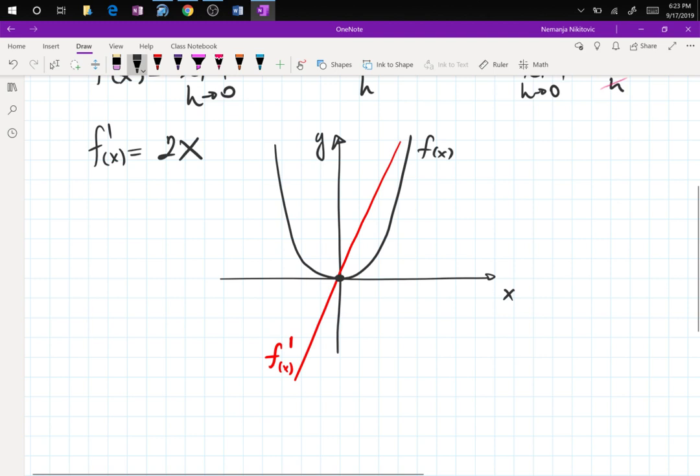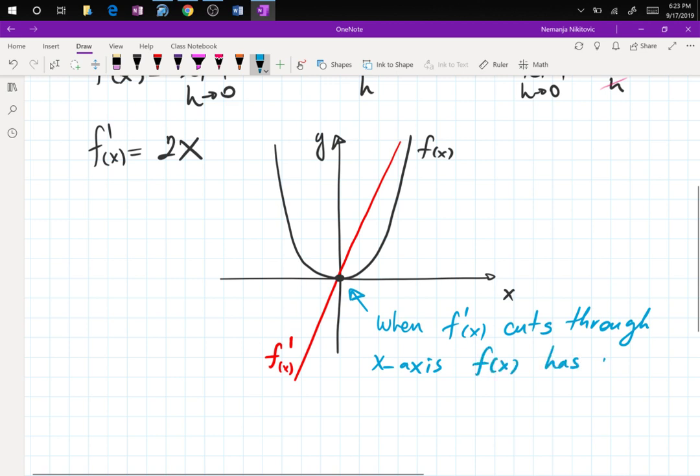One very important, so we're going to actually just cover, I think, 2 out of 3 things that we need to know in the whole section, right here in this picture. So one of those extremely important ideas is to see over here that when f prime of x cuts through the x-axis, f of x has a min or a max.